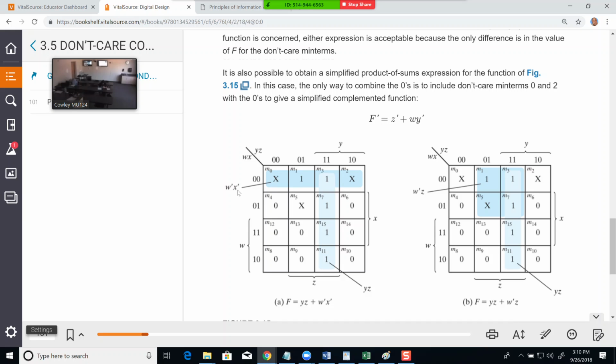So that drops away, and the only thing left is W prime X prime, which is our 0, 0, because everything in this row has W equals 0 and X equals 0. Does that make sense? So we pair them together even though we don't really know they're 0s or 1s. We really don't care.